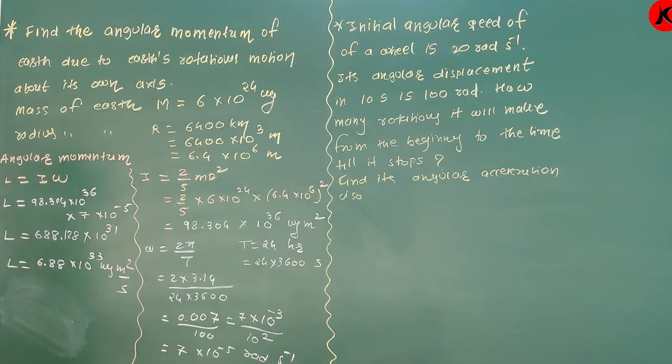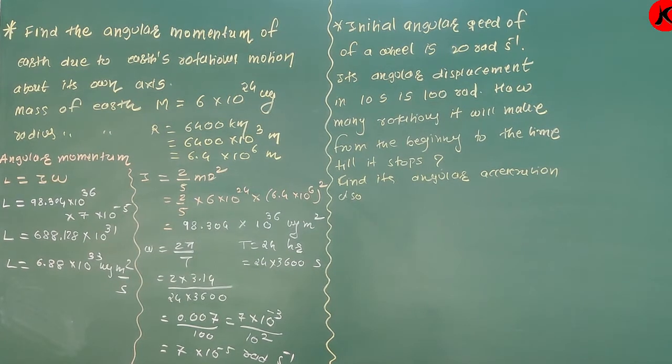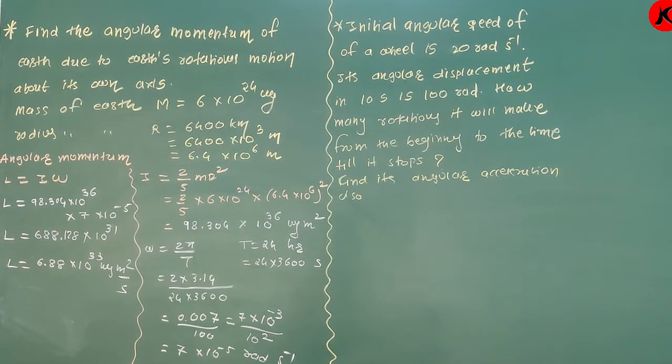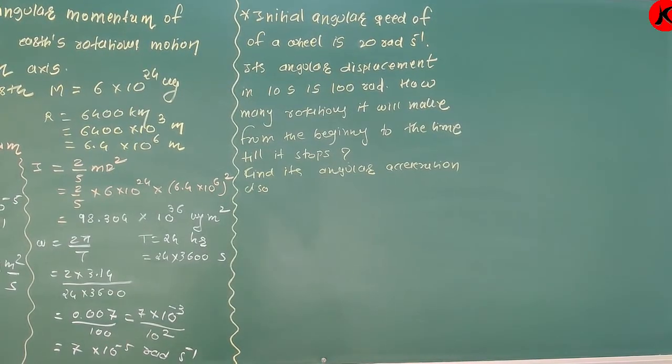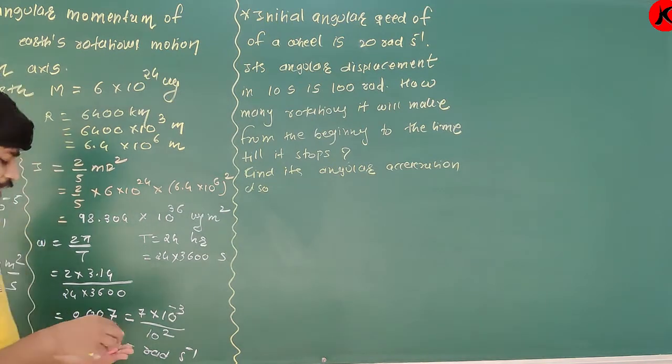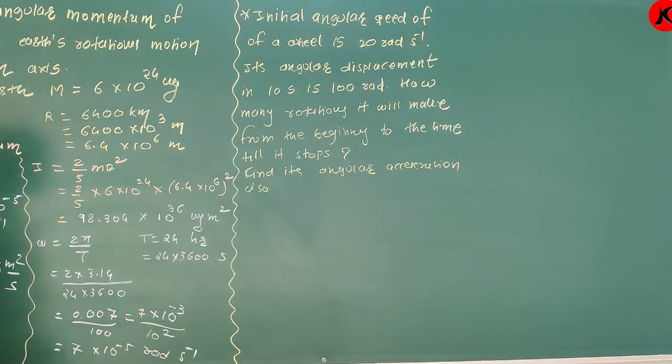Clear about this? So it is one question which is based on equations and calculations. Now the next question. Okay, the next question is: the initial angular speed of a wheel is 20 radians per second.